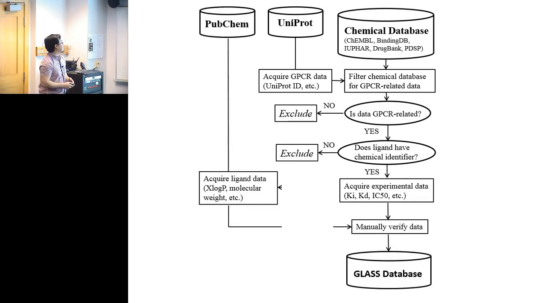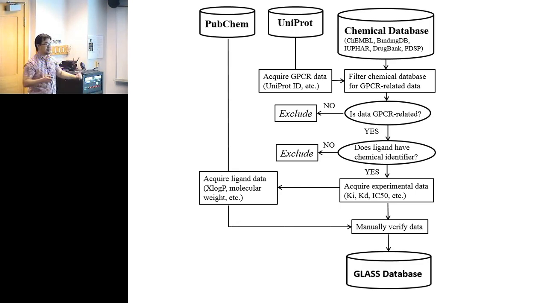And so afterwards, I go back into PubChem, and PubChem is essentially one of the 14 databases under NCBI that houses a really crap ton of chemical information, essentially. And I go back in here and match up the ligand data with the ligands from the experiments that were found to be linked to GPCRs.